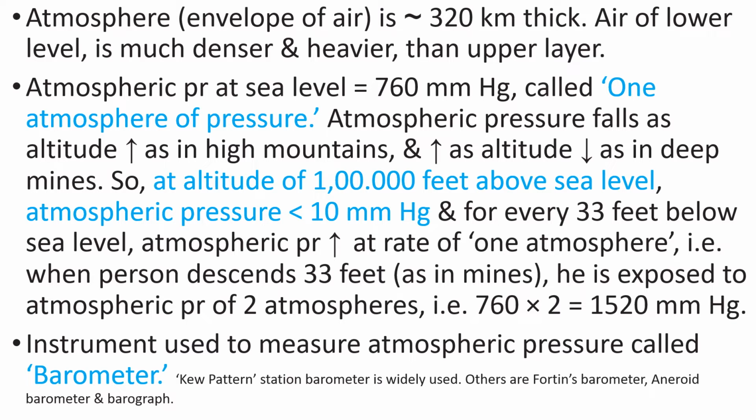That is to say, when a person descends 33 feet, as in mines, he is exposed to an atmospheric pressure of 2 atmospheres, which equals 760 multiplied by 2, equal to 1520 millimeters of mercury. An instrument used to measure atmospheric pressure is called a barometer.